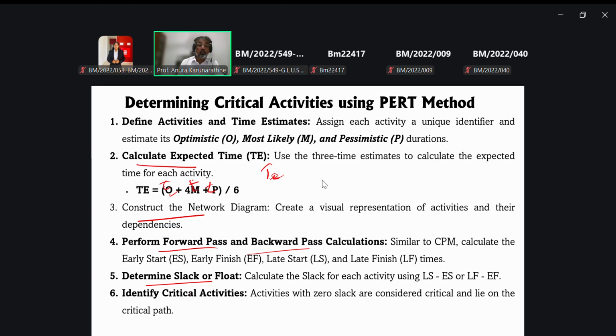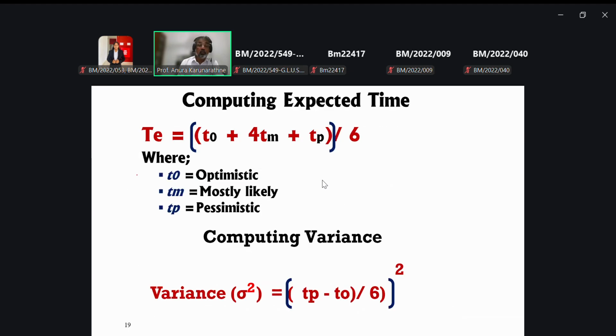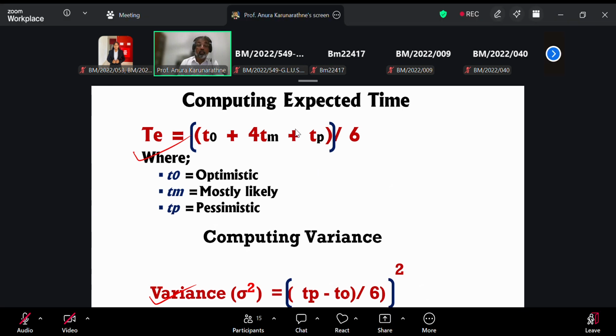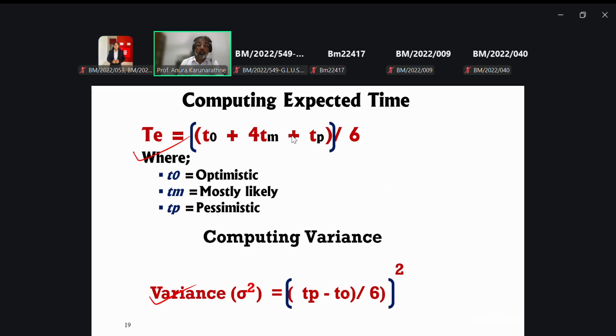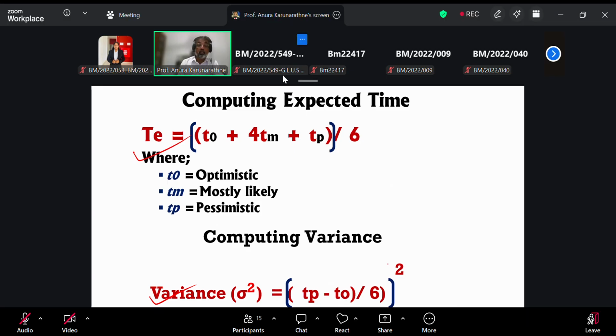Now, the expected time formula and the formula for variance. In this example, I think we discussed it previously, however I would like to start from the first task, which is to convert this.